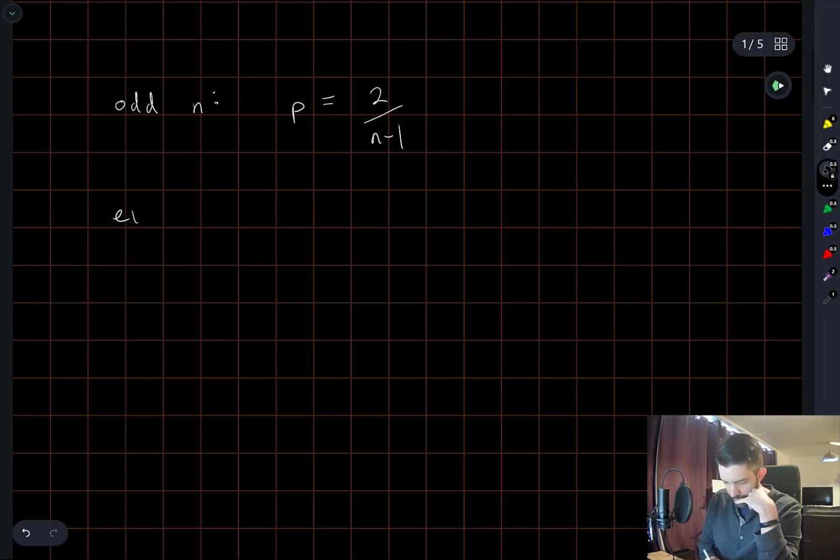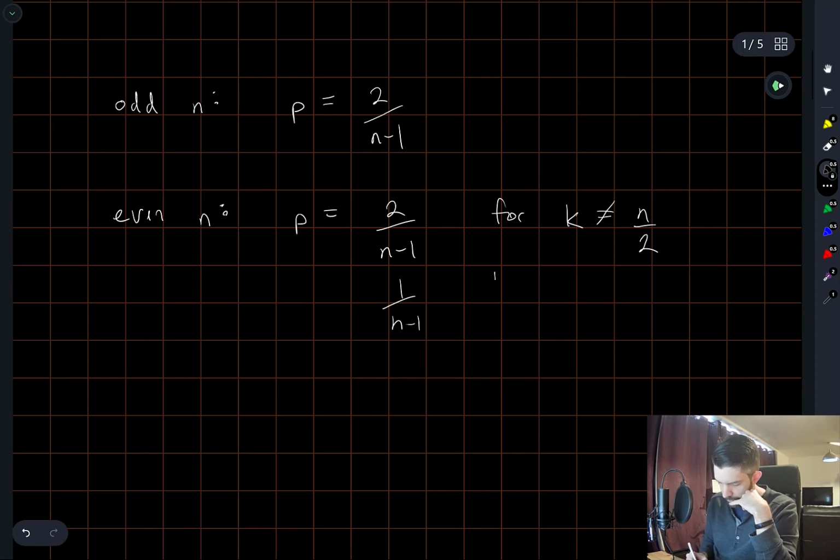And if n is even, p will again be 2 divided by n minus 1 for k not equal to n over 2, and it'll be 1 over n minus 1 for k equal n over 2.